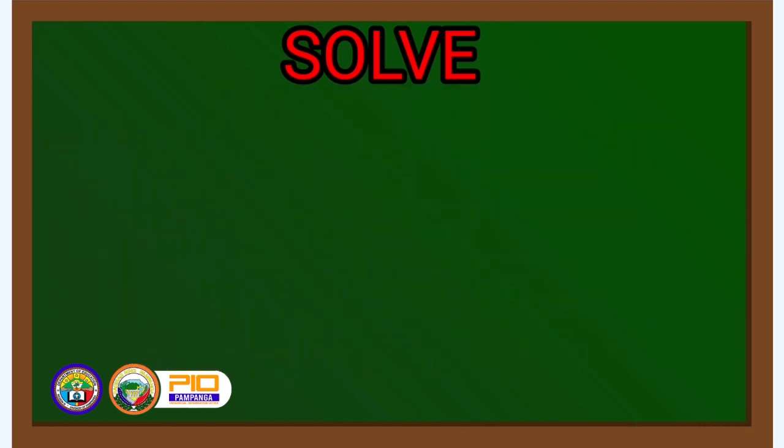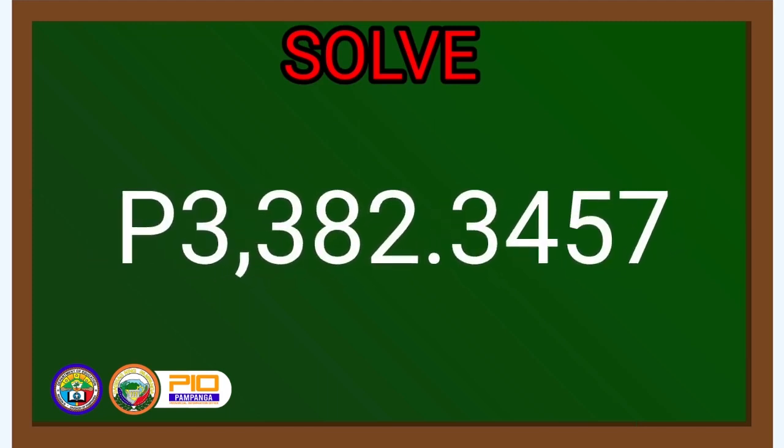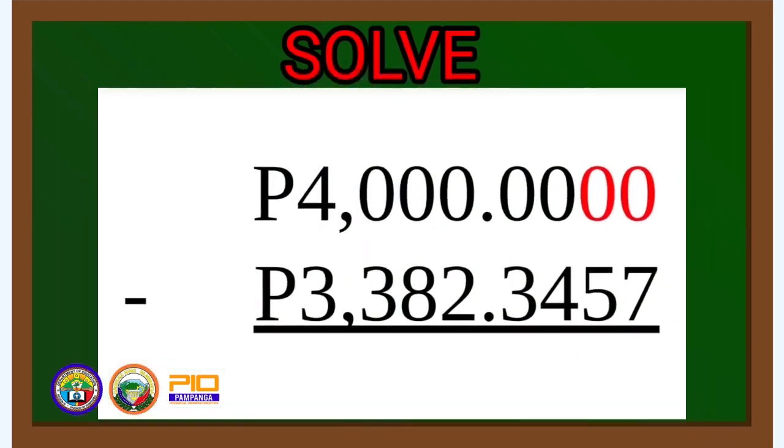Therefore, the total amount she needs to buy the items is 3,382 pesos and 3,457 10,000ths. And now, to know the change she will receive, we have to subtract 3,382 pesos and 3,457 10,000ths from 4,000.